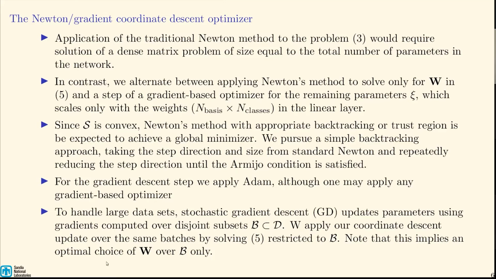Since we're doing image classification, our data sets are pretty large, so we do stochastic gradient descent. So we do batching in Adam. That means there's a caveat: since we're doing batching, when we do our Newton step over that batch, we have the optimal representation of that specific batch in our linear weights.